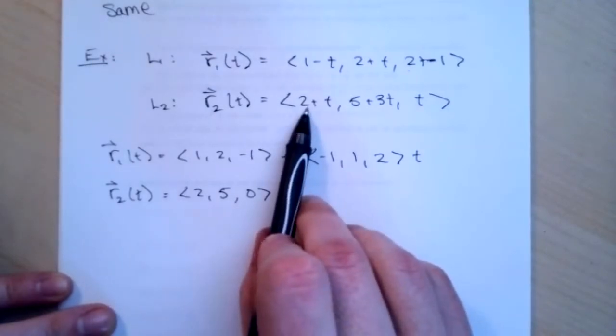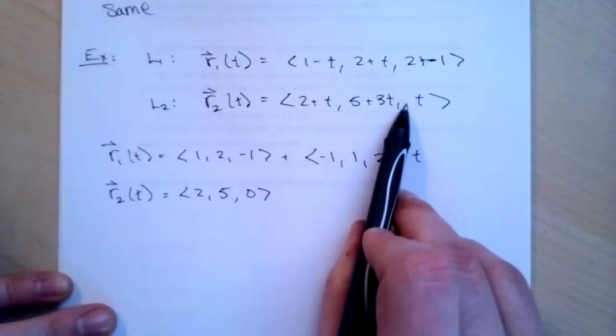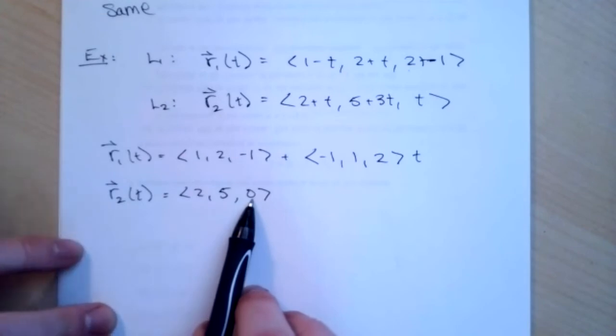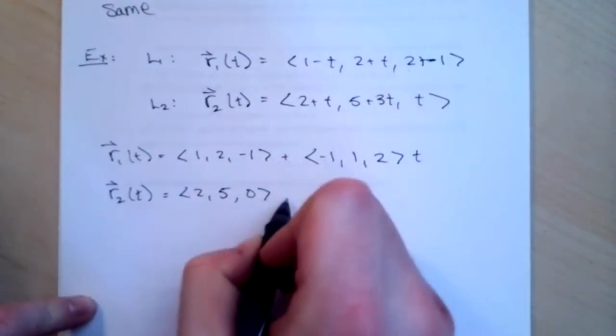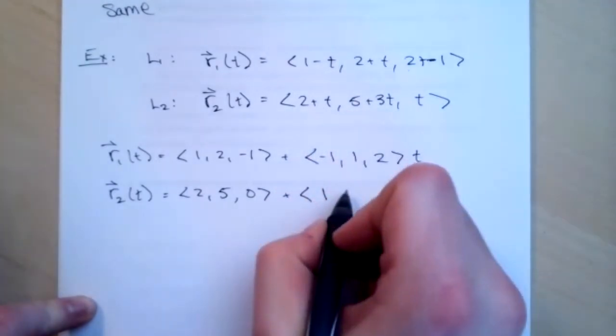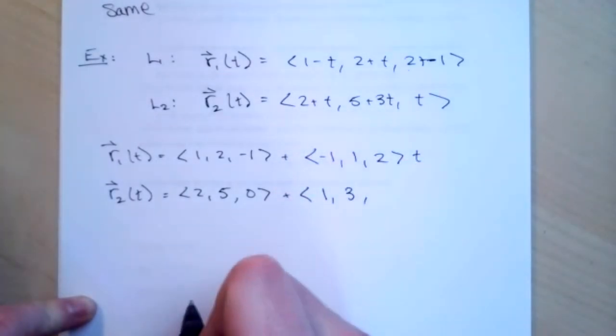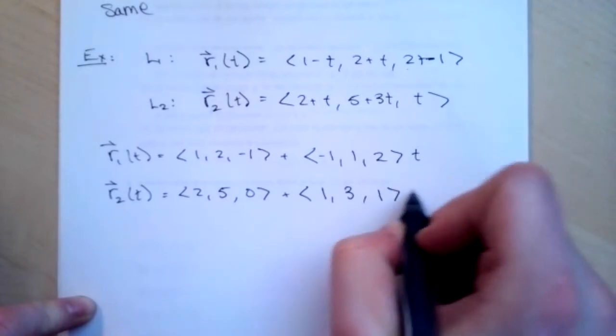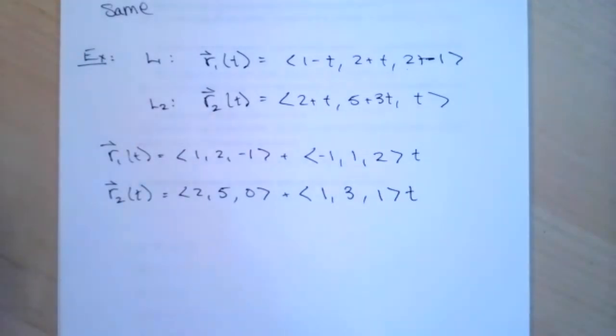R2 starts at 2, 5, and then no starting z coordinate, or starts at 0 for our starting z coordinate. And our directional vector is 1, 3, 1 times t.